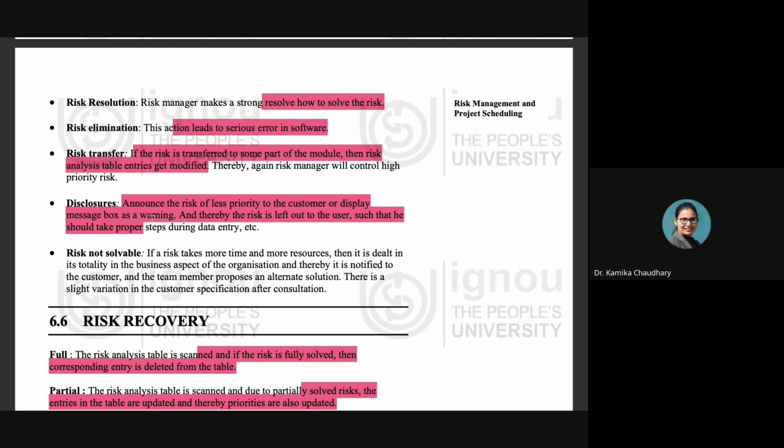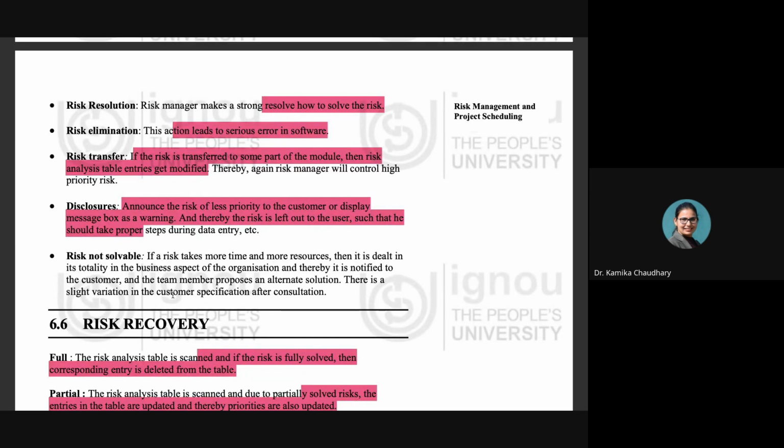Then the next kind is risk not solvable. Risk not solvable means the category of those risks which cannot be handled by the organization, and thereby it is notified to the customer, and the team members propose an alternate solution.